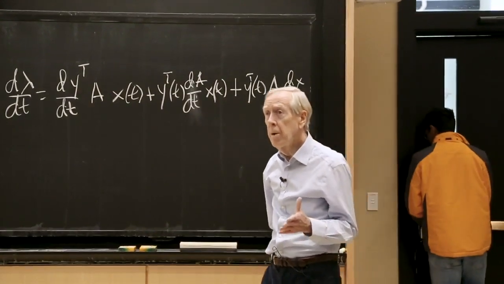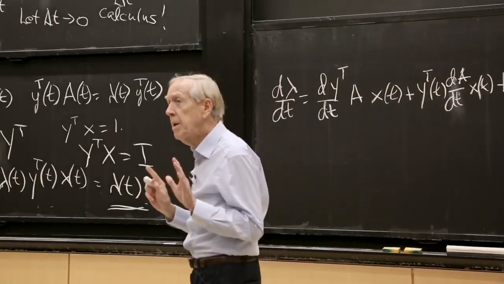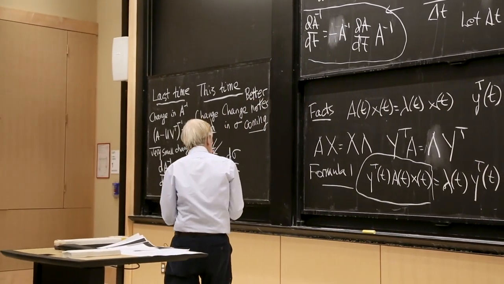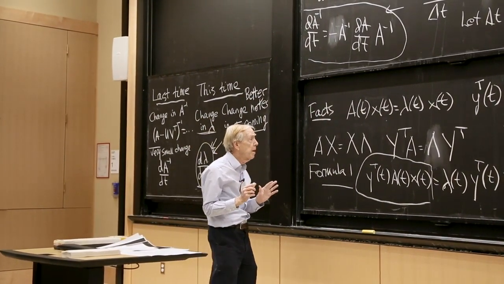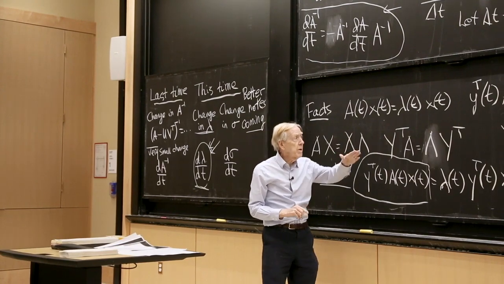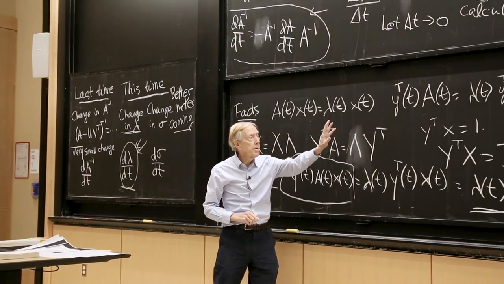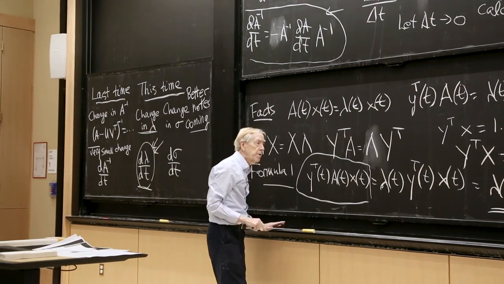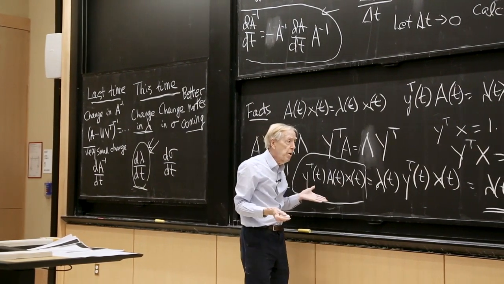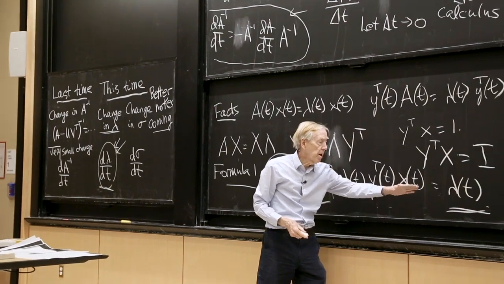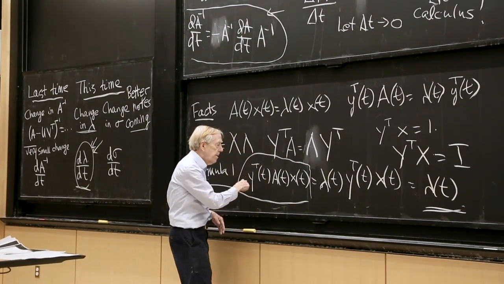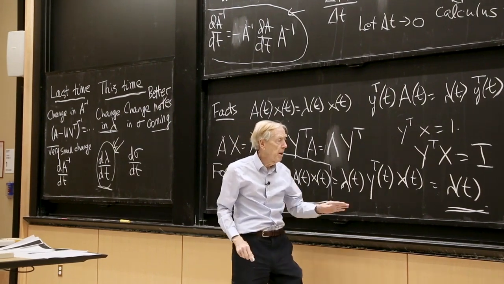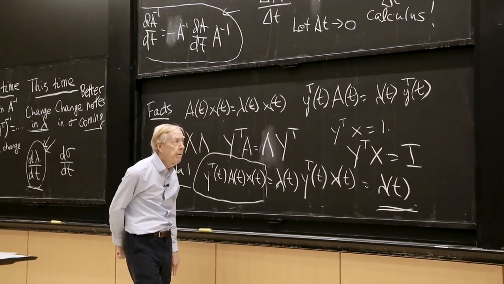We are one minute away from a great formula. And I'm really happy, if you allow me to say it, that the formula comes by just taking those facts we know, putting them together into this expression that we also know, which is like lambda equals x inverse A x, the diagonalizing thing, and then taking the derivative.